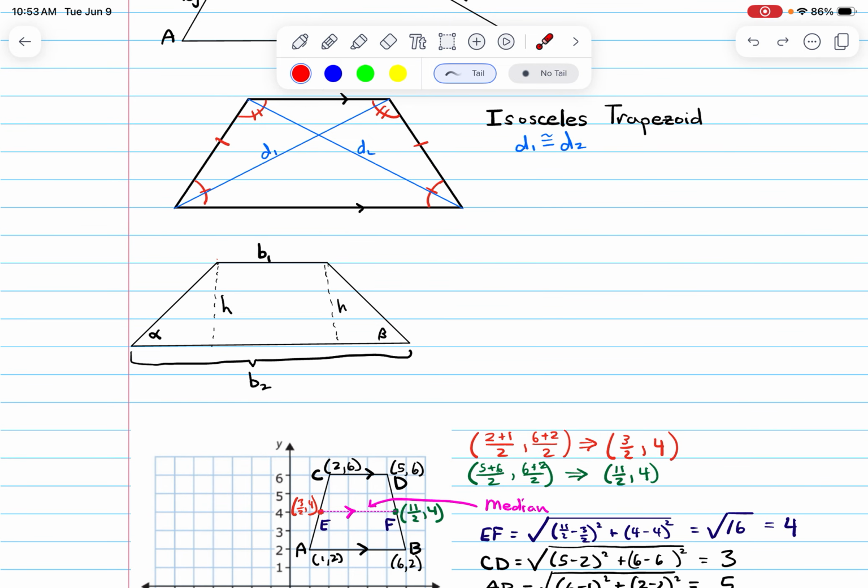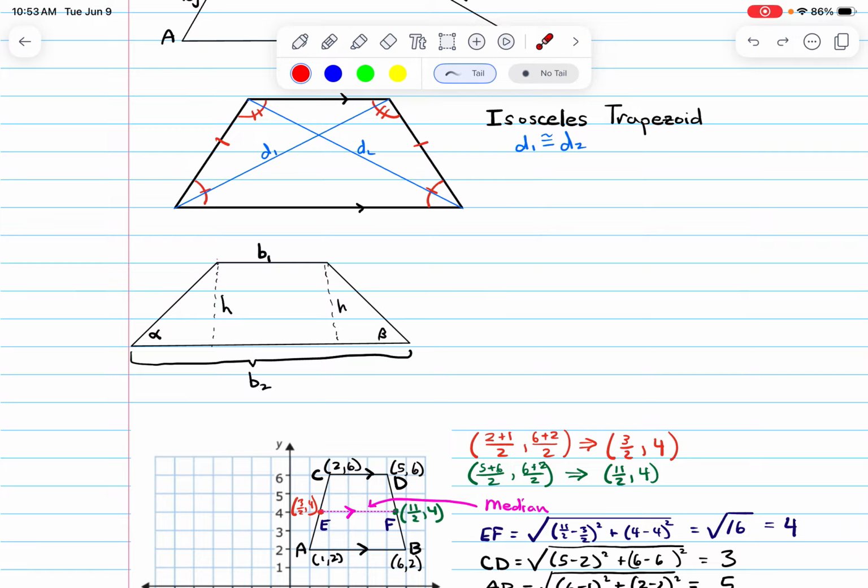Now, I want to talk about a couple more things. The area of a trapezoid and also something called a median of a trapezoid. But if you look at just a trapezoid I've drawn here, and it doesn't have to be an isosceles trapezoid, let's suppose we want to find the area of this trapezoid.